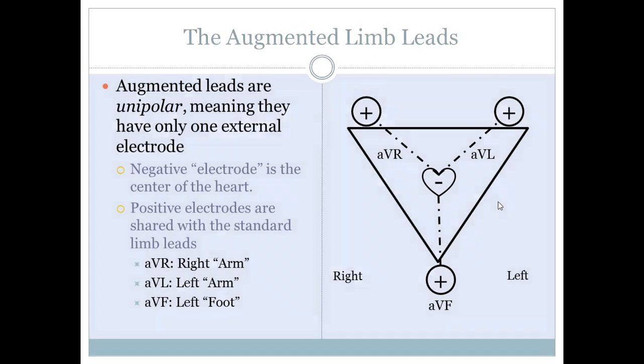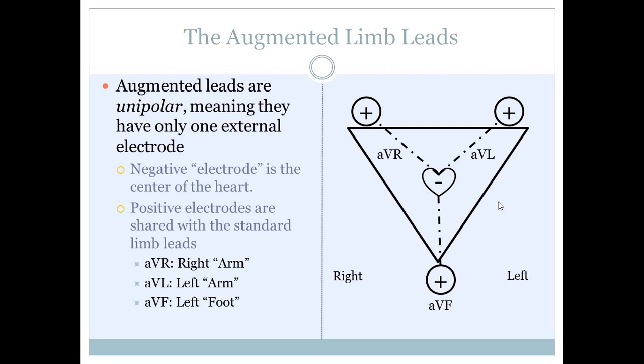Okay, moving forward, we have another triangle. These are the augmented limb leads. These limb leads, in contrast to the standard limb leads, are unipolar. There's only one external electrode, and they are shared with the electrodes of the previous triangle, Einthoven triangle. The negative electrode is the same for all of these, and it's centered at the heart.